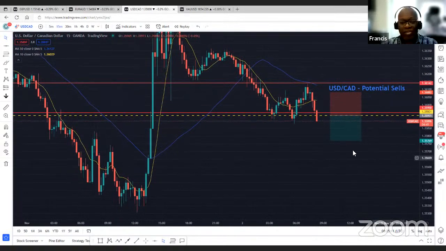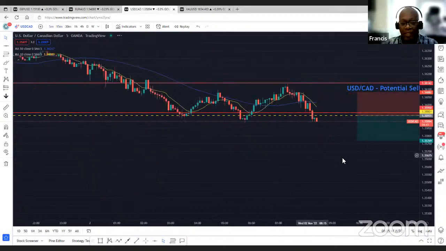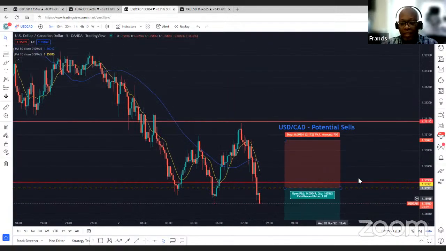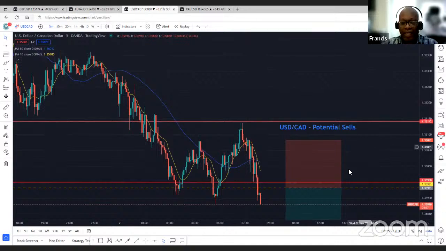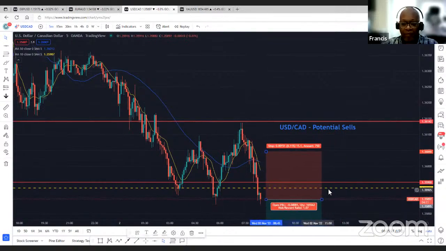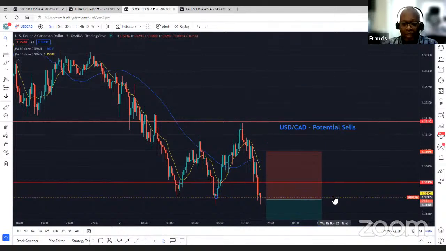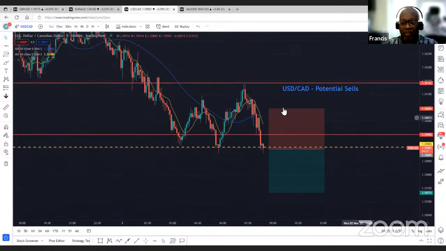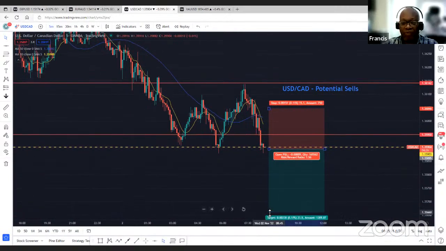I would take my initial profits at about 15 pips or thereabout. Okay, so I'm selling now, guys. I'm selling it here. The stop loss about 15 pips, and we are going to go for more.